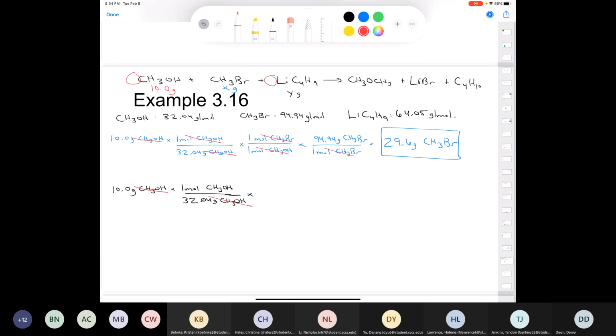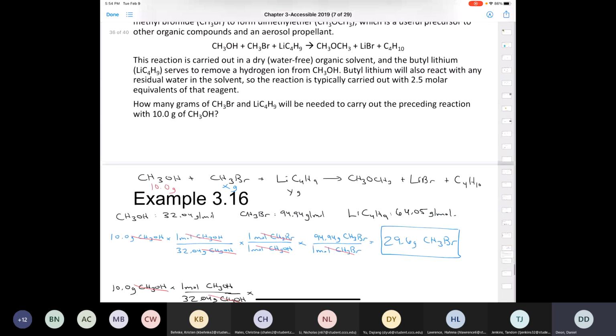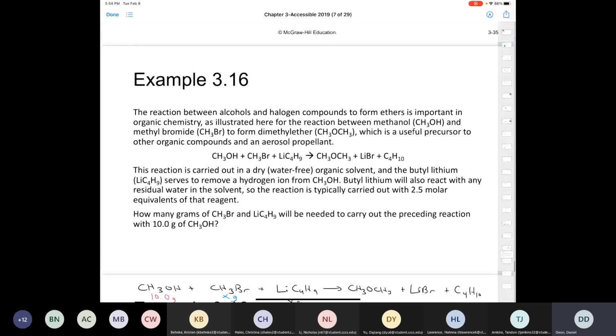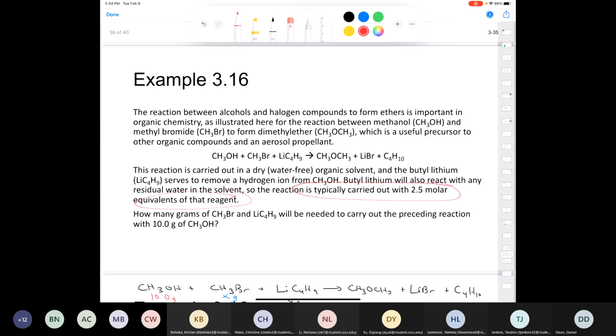But I just realized something, just thinking about the problem. Good thing. It says here, yeah, it says the reaction is typically carried out with 2.5 molar equivalents, right? So if we have 1 to 1 here, that means here you need 2.5. And if you're thinking, Mr. Dion, that's not balanced. You're right, it's not balanced.